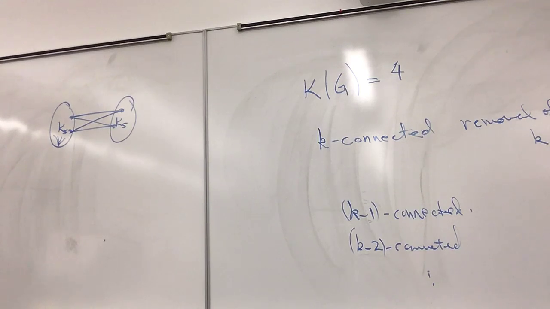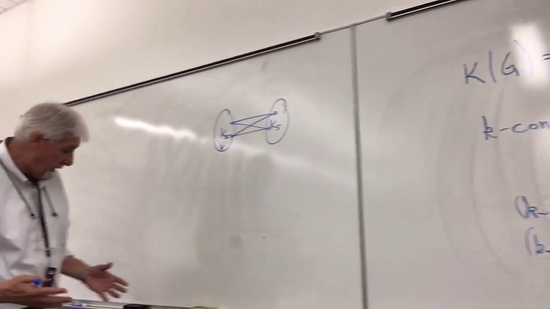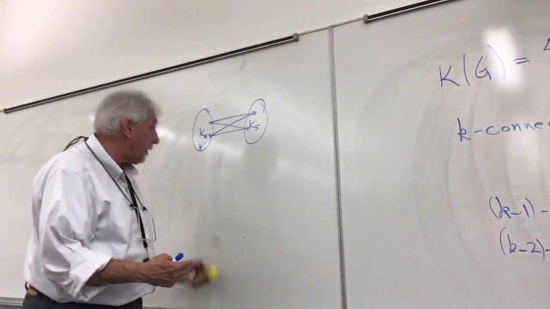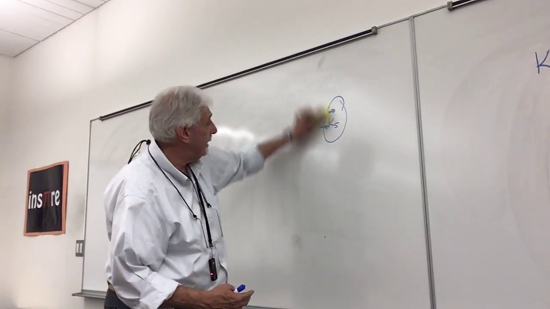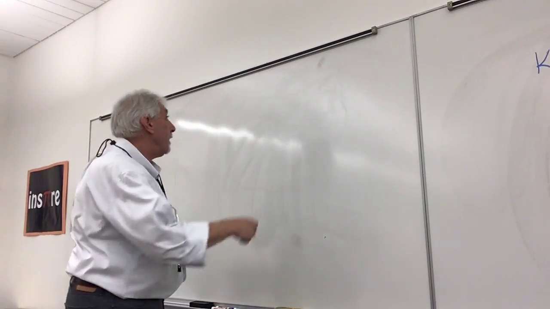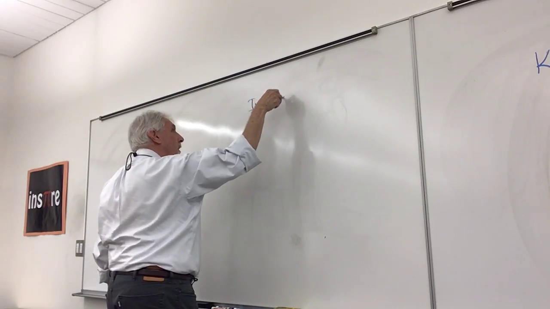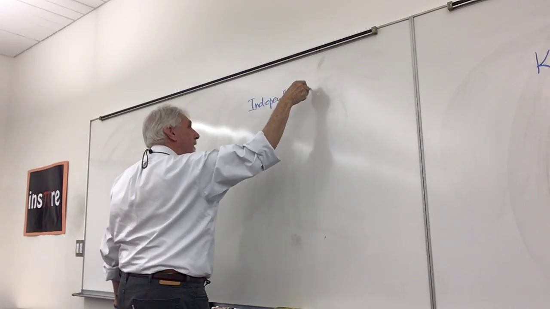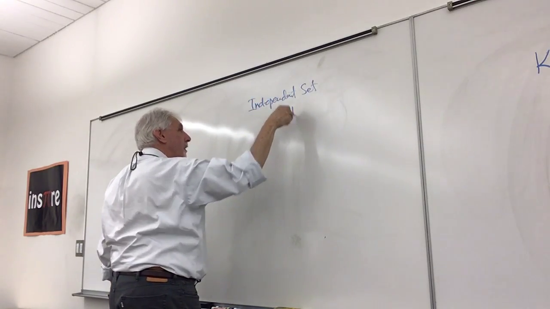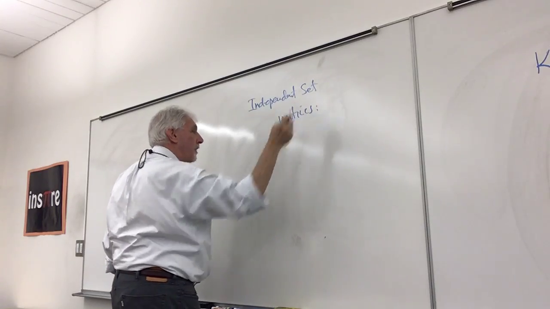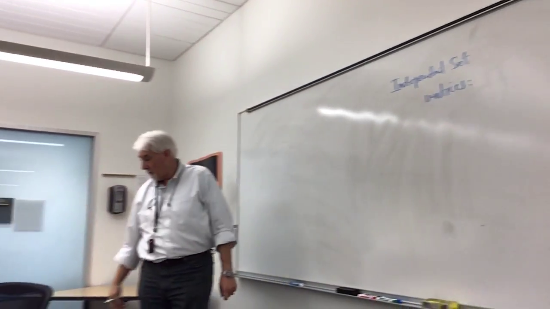You're all pretty quiet. Okay, so we've talked about a matching. We've talked about independent sets of vertices. What's an independent set of vertices?